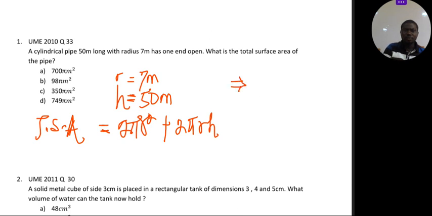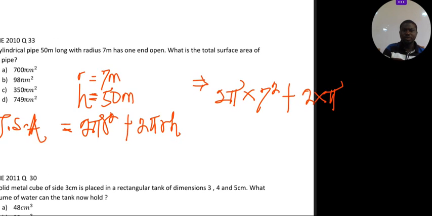So this will now be equal to 2 pi radius squared, that's 7 squared, plus 2 pi r h. 2 times pi times radius, still 7, times height, now 50.